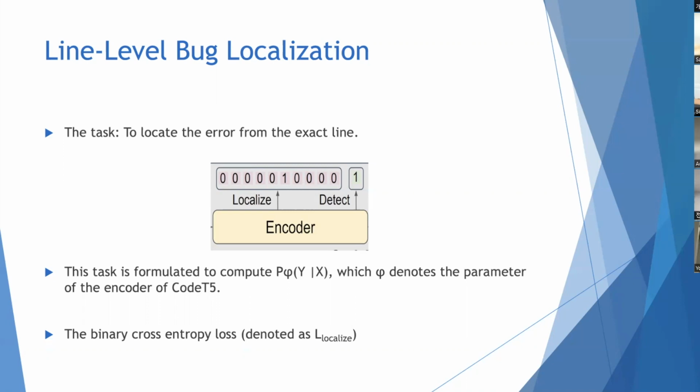My second question is, all programs have different line lengths. So how do they fix the shape of the output? Do they set a limit, or how do they fix the shape of the output? It's detecting only one line, right? In this picture, the localized output is different for every program.